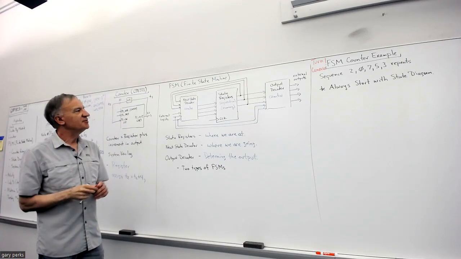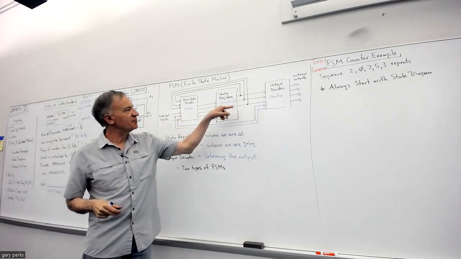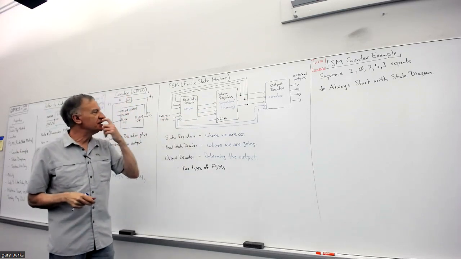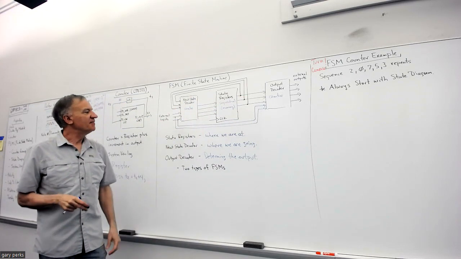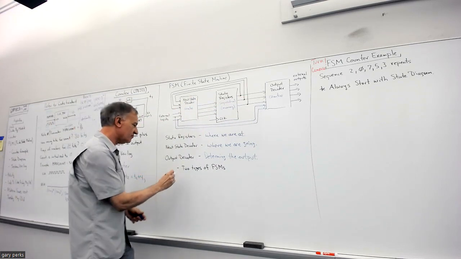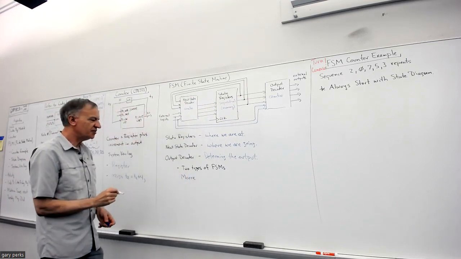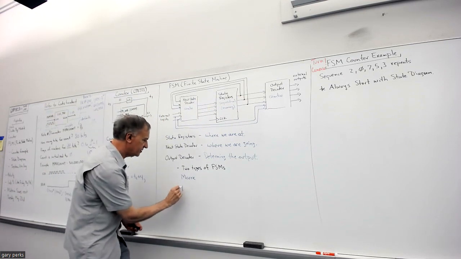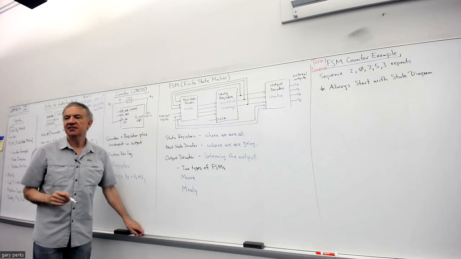You might have noticed that before I wrote combo and sequential and memory and combo over there in blue, there was only these 2 lines that were in blue and everything else was in black. And that's because the 2 FSMs we have, one's called a Moore, and the other's called a Mealy.